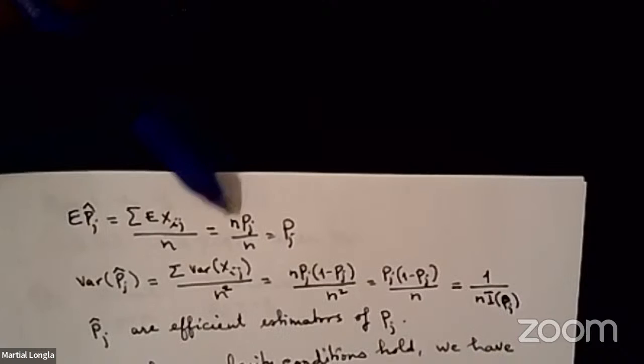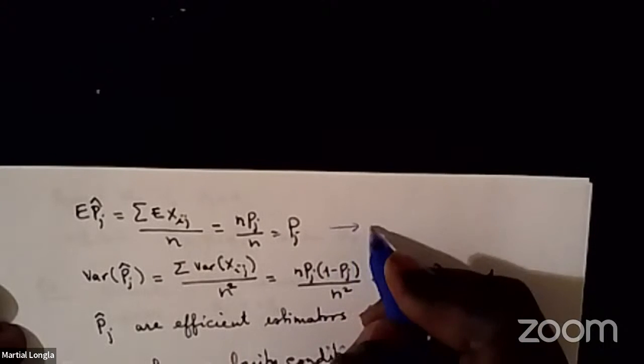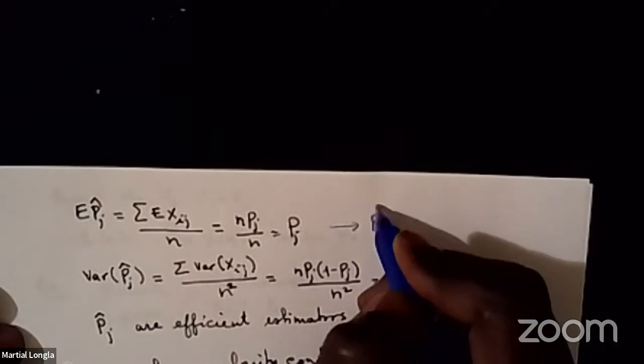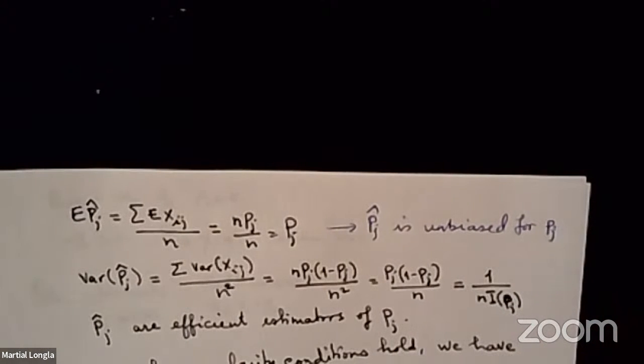And you're taking the sum over i, so you're adding pj n times. So you get n pj over n, so it's pj. So the expected value equal means that pj hat is an unbiased estimator of pj.